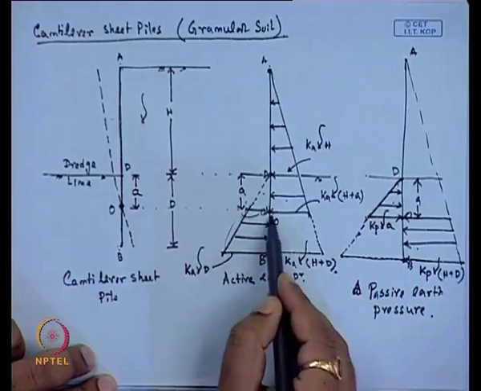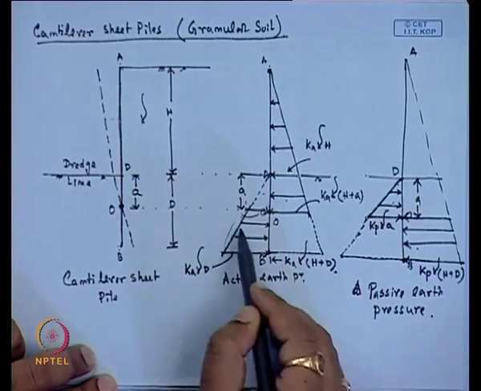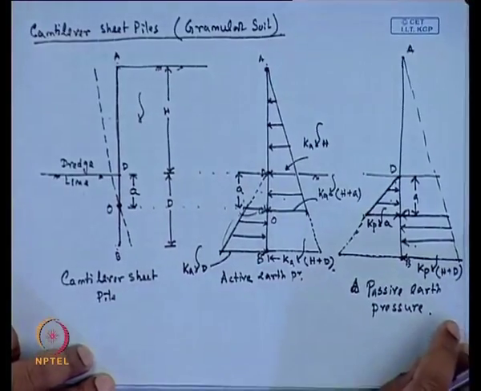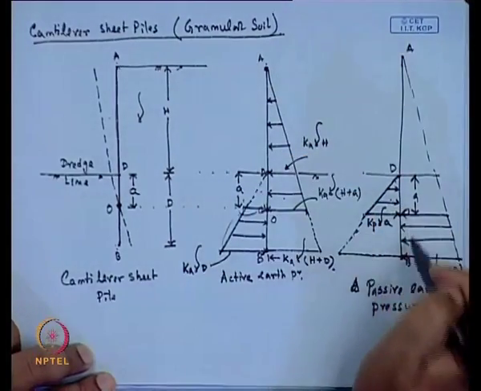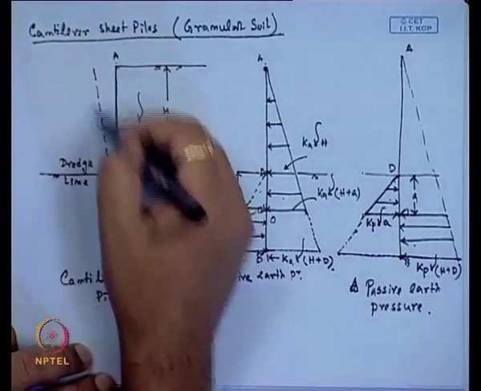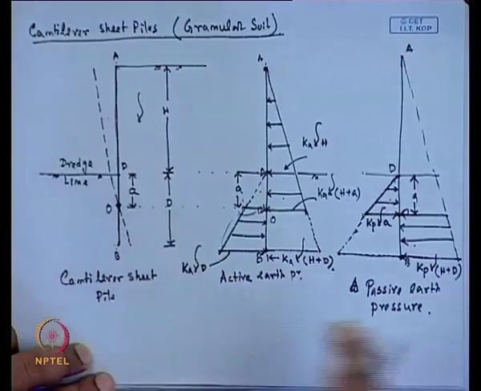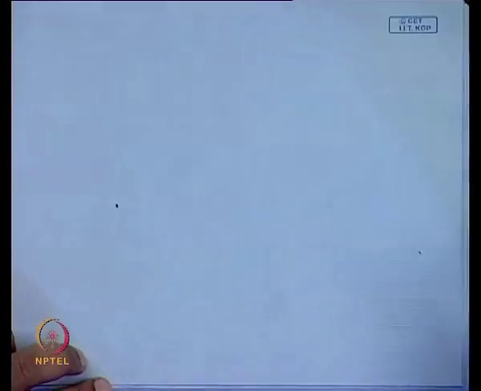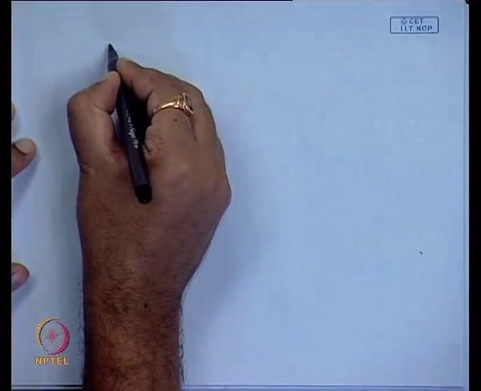Here this is active from O to B, and definitely passive will be in the other hand side. Now, this is the passive and active pressure diagram for this cantilever retaining wall, based on the deflection line also you can see. Now, if we draw the net pressure diagram considering the active and the passive.